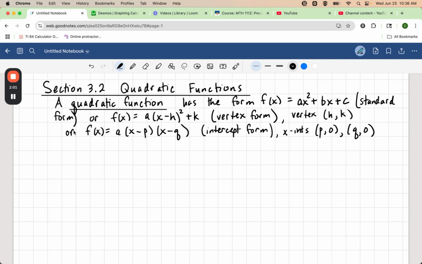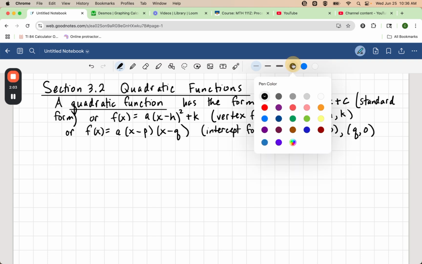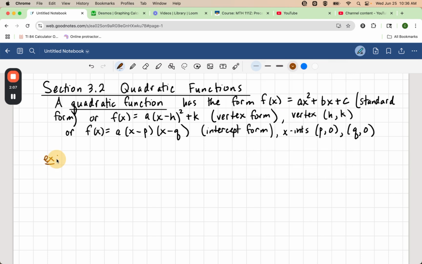So let's practice going from one form to the other. So if I asked you to do this one, we want to write y equals x to the second plus 4x minus 5 in vertex form.